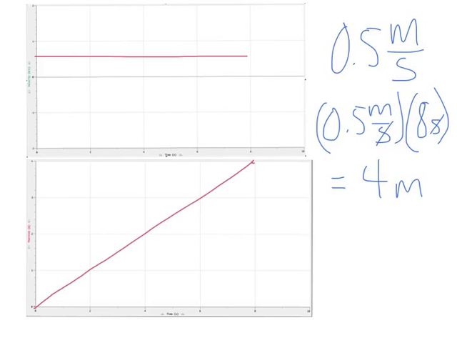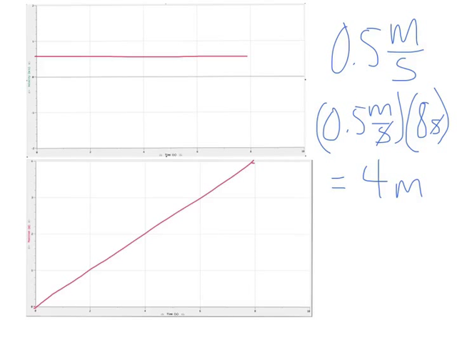So a position time graph means I'm getting farther and farther away. The reason this graph is horizontal means this is a graph of my velocity, and my velocity never changes. This is a graph of my position, and my position does change. My position increases half a meter every second.